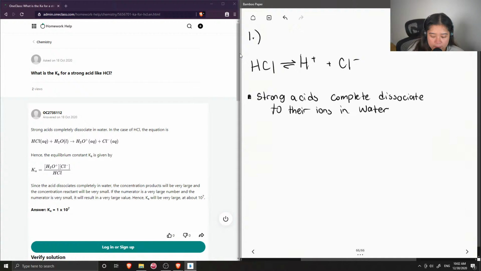So if we are given the concentration of our strong acid, this is equal to the concentration of H plus ions in solution.